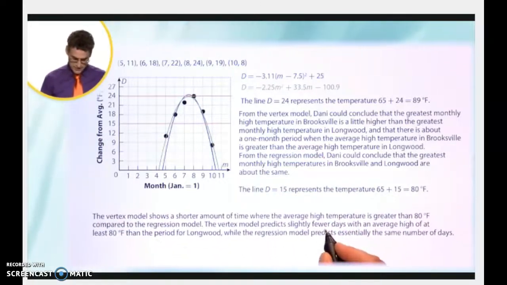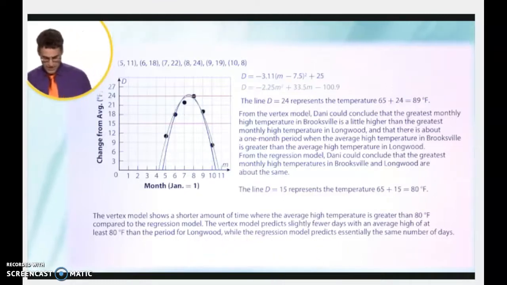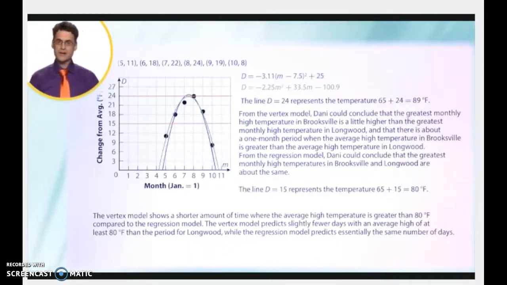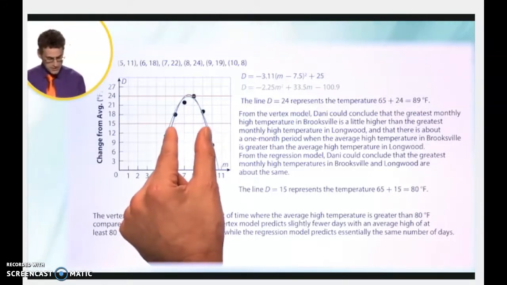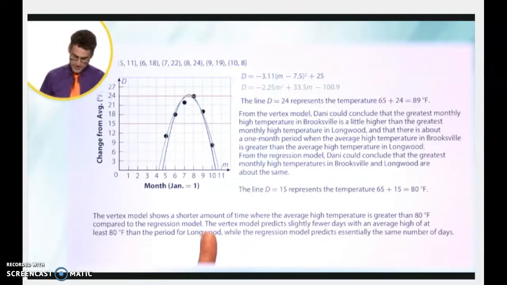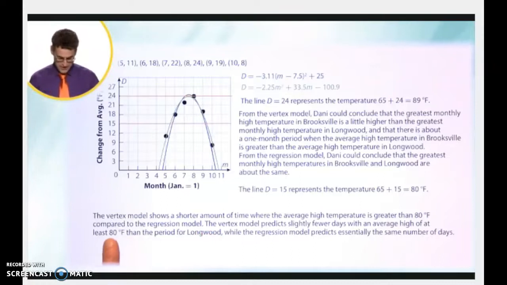Well, all said and done, we see that the vertex model shows a shorter amount of time when we have a high temperature that is greater than 80 degrees compared to the regression model. And that's because the blue interval endpoints is actually a little bit shorter than the green interval endpoints. And the vertex model predicts slightly fewer days with an average high of at least 80 degrees than Longwood.